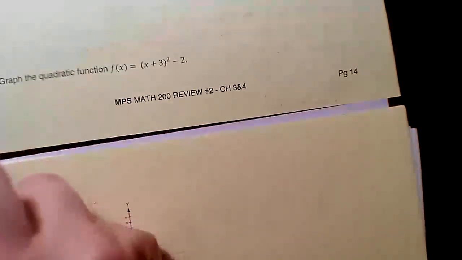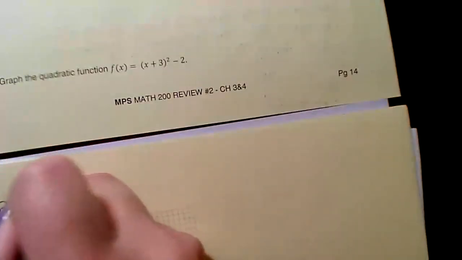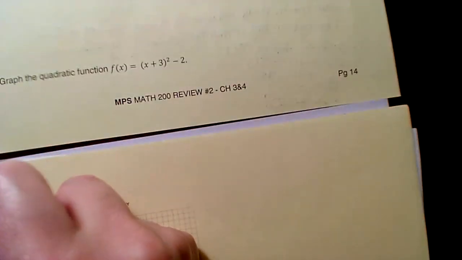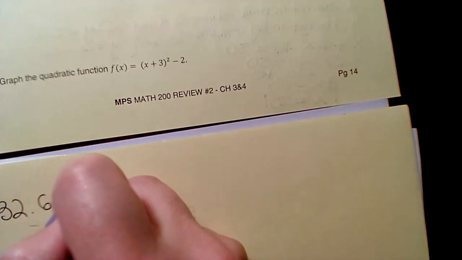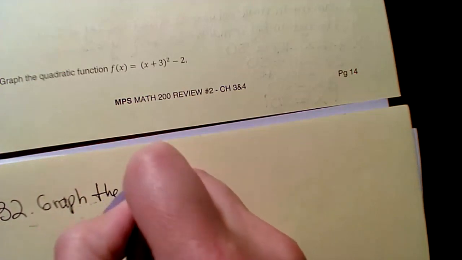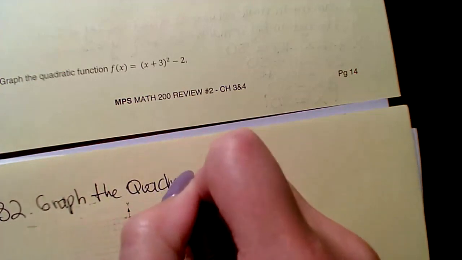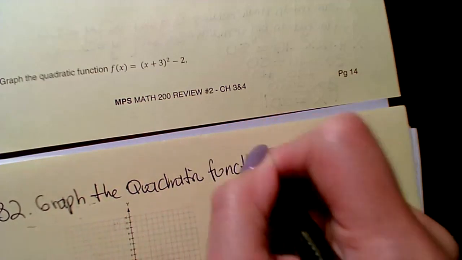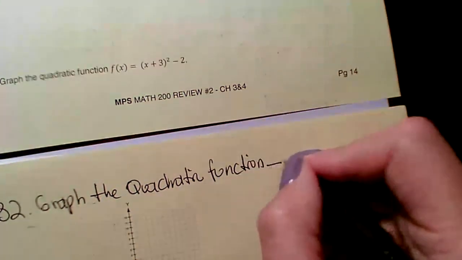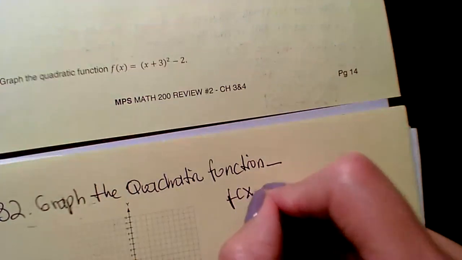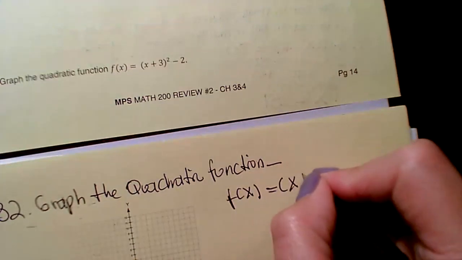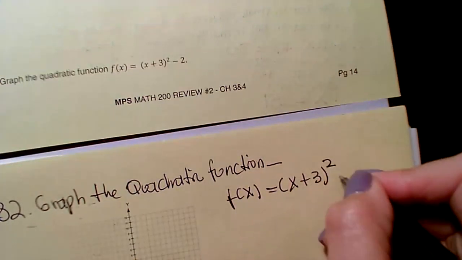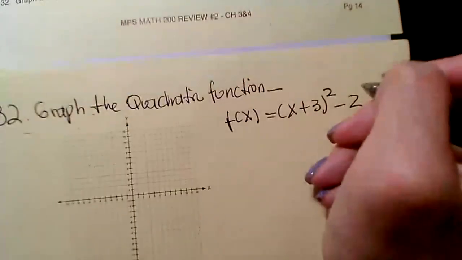And the last one, let me write it down here. It says graph the quadratic function f of x equals x plus 3 squared minus 2.